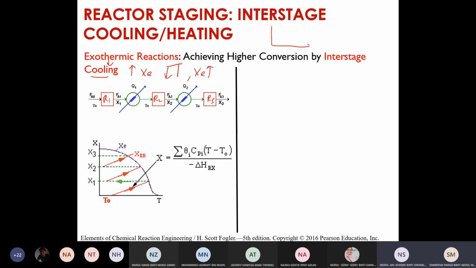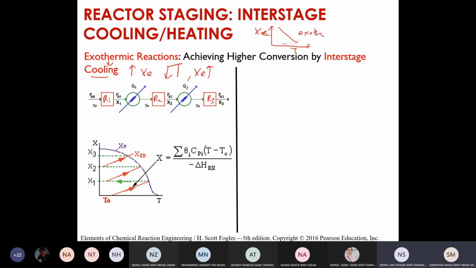Remember, the graph looks like this. This is X, this is T. The higher XE is at the lower T. Remember this is the previous graph for exothermic.